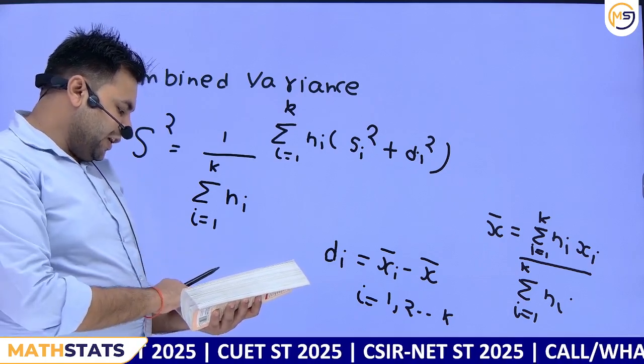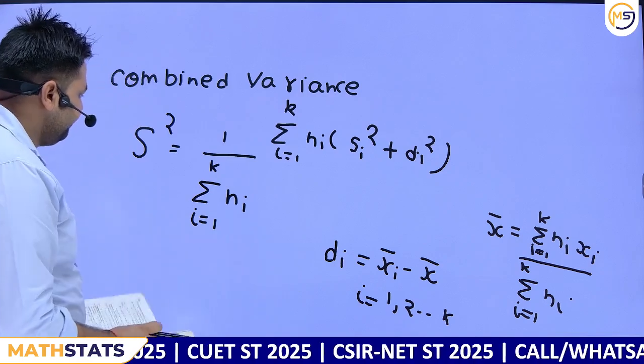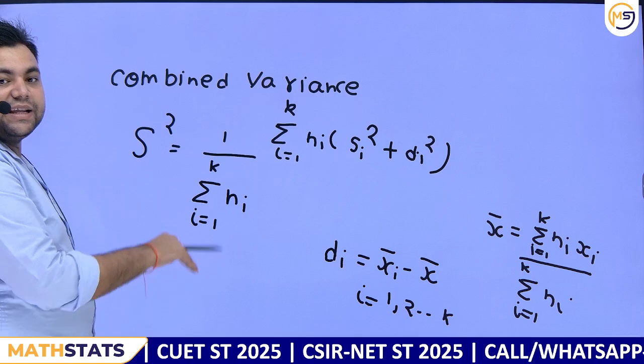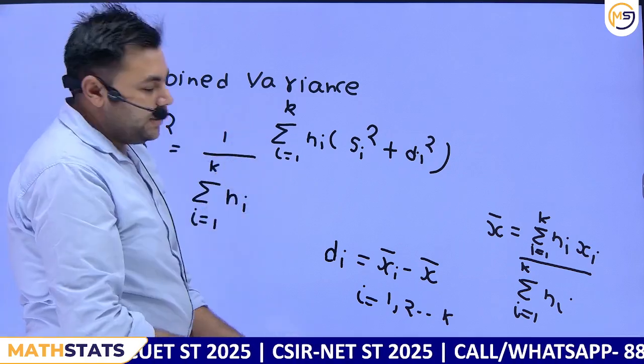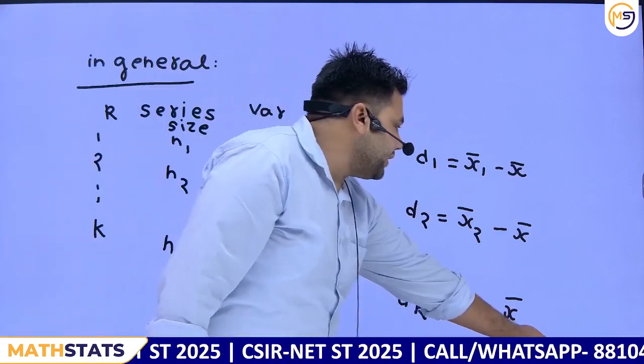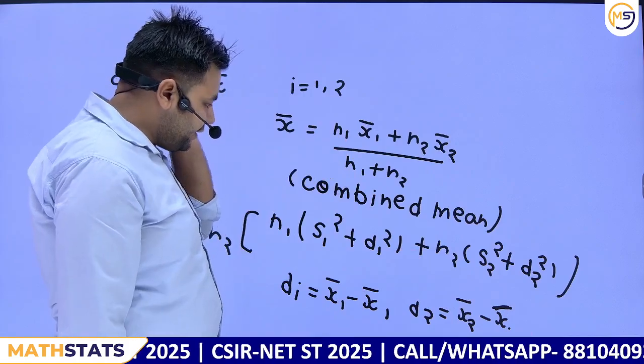Right, this formula is fine. So this is the combined variance for K series in general, and the earlier one is for 2 series.